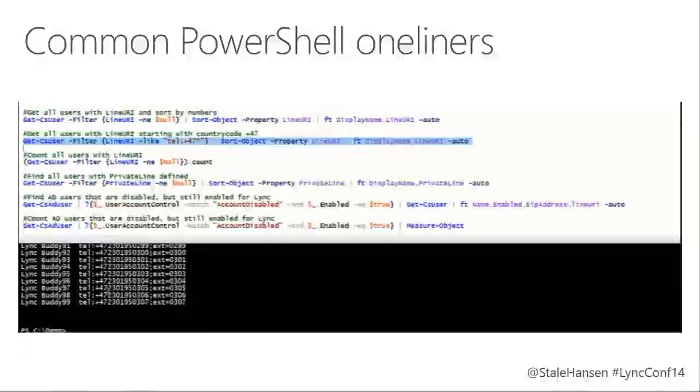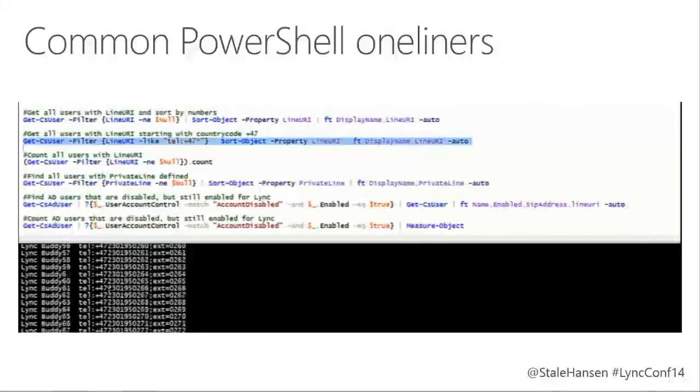And the reason I use the filter parameter here, instead of getting all the users and piping into another object where I can sort my output, is that filter is a better solution in terms of finding the correct data as soon as possible. So you work with as small an object as possible.